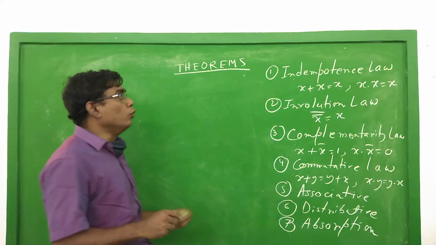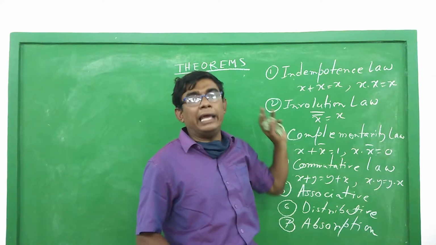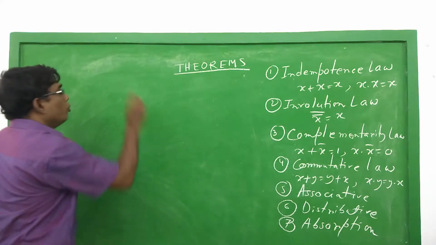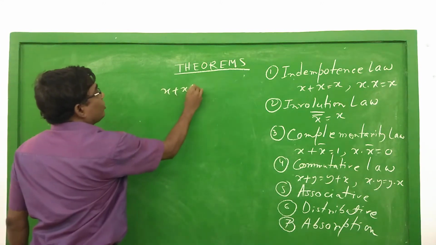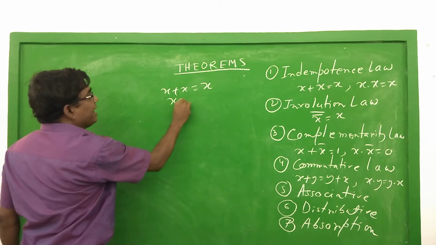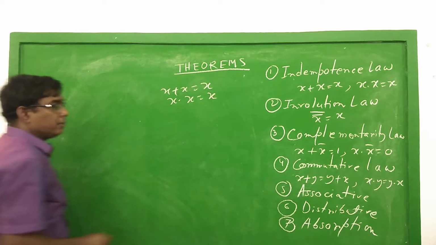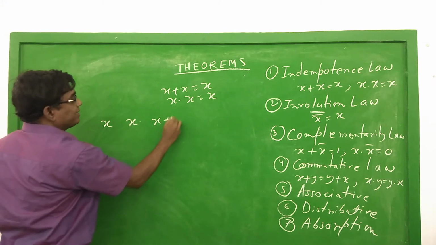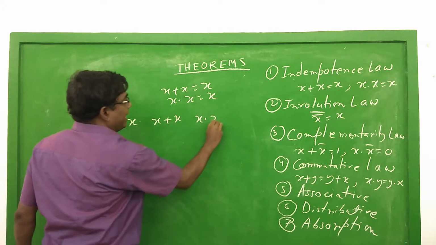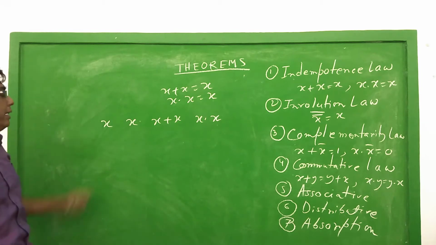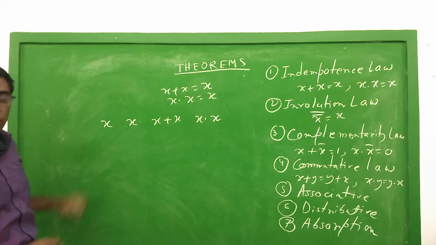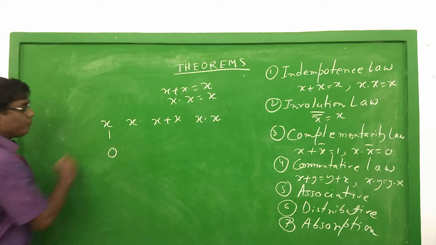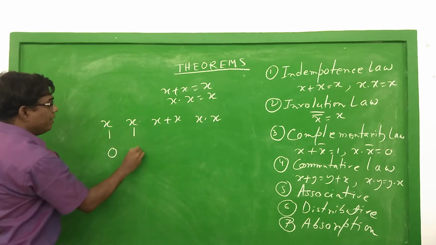So how do you prove this type of law with the help of truth table? We want to prove x or x equal to x and x and x equal to x. So we take x, then we calculate x or x, then we calculate x and x. Here there is a single variable x, so it can be true, it can be false: 1, 0.